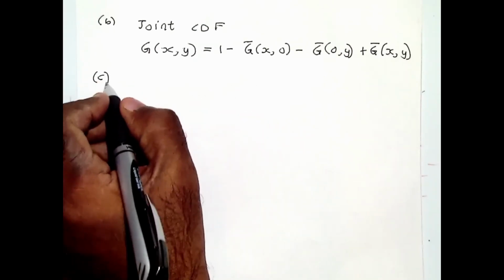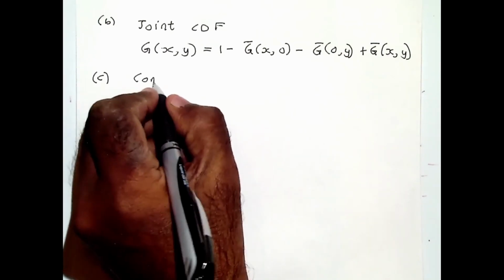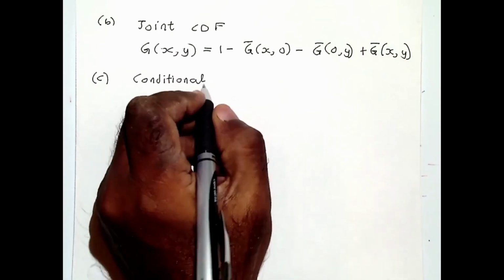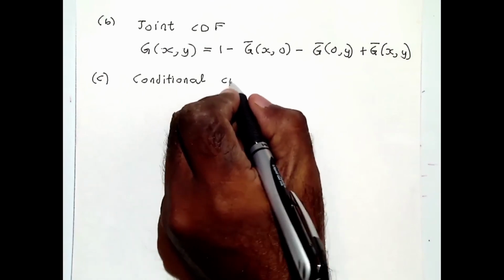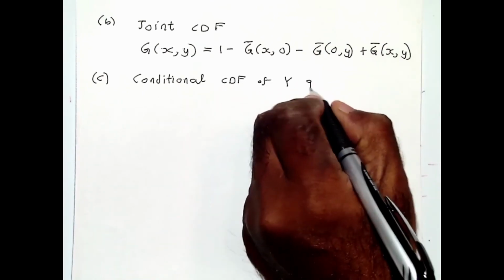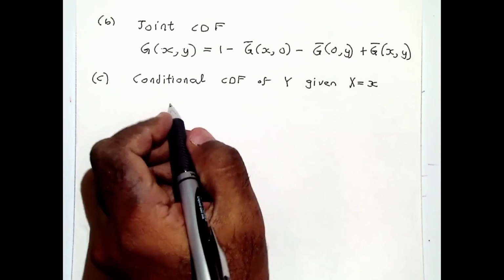Part C is to find the conditional CDF of y given x equals x. To find this, you will use the following formula.